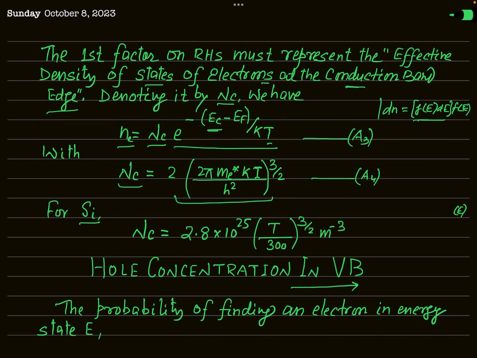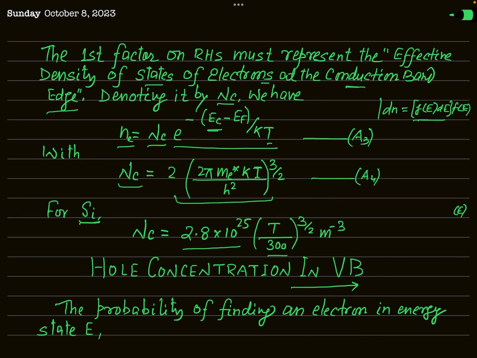So for the effective mass of an electron in silicon, putting in the numerical values of all constants, it is found that Nc is equal to 2.8 into 10 to the power 25 times (T divided by 300) whole to the power 3 by 2 per meter cube.